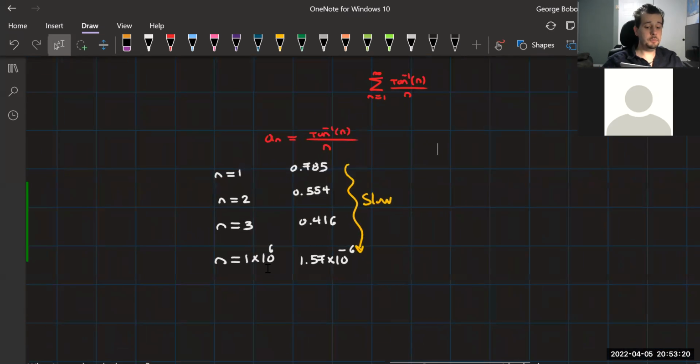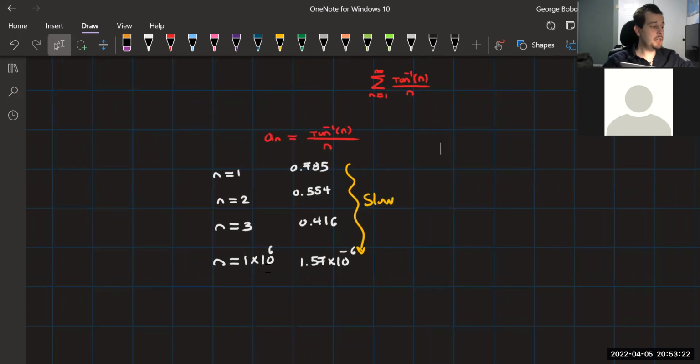What would you like to try and prove here? That it converges or diverges? What do you think? So what do you want to try and do here? Prove that it diverges or converges, because it's 50-50.